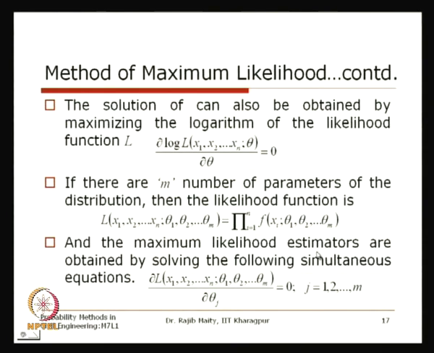The maximum likelihood estimators are obtained by solving the following simultaneous equations. We take the differentiation with respect to each parameter theta j, where j can vary from 1 to m, and equate these partial derivatives to 0. So we will get m equations to solve to get the estimates of these m parameters.